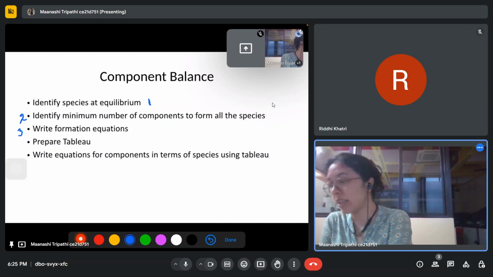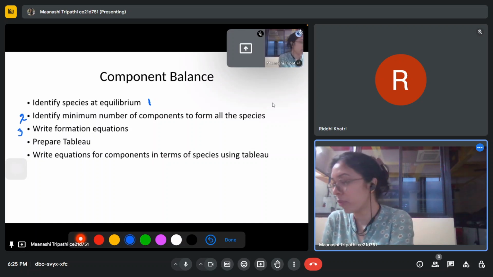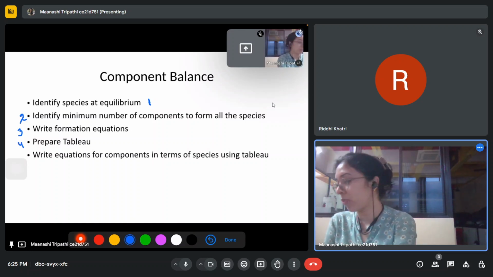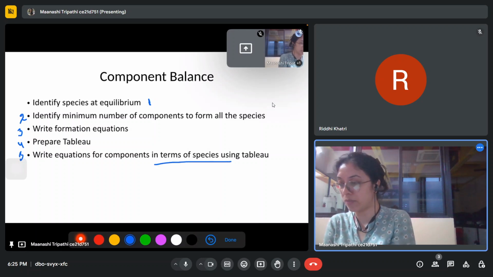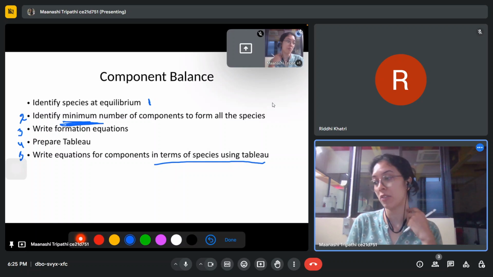Third is to write the formation equations, which we have done. Fourth step is the preparation of the table. And the fifth step is to write equations for components in terms of species. Here, minimum is important because we need to identify only the minimum components that can help form all the species. We cannot just write everything. We need to identify the minimum set of equations.